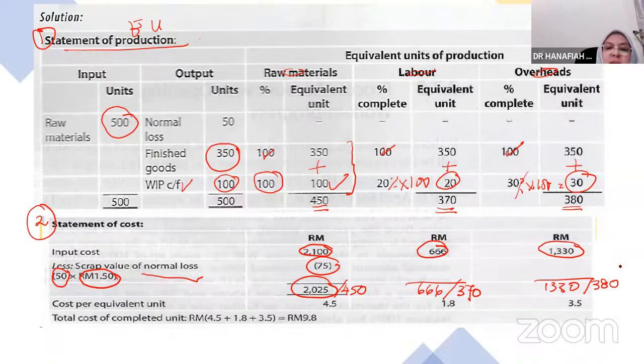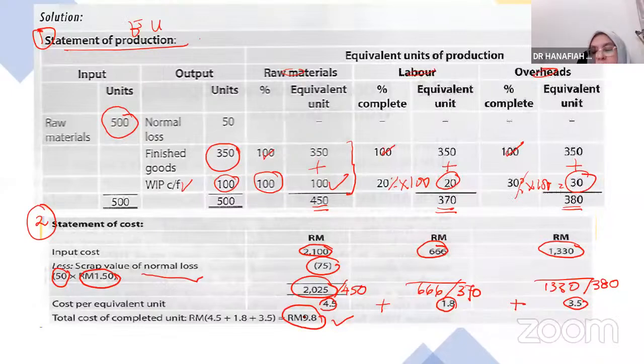So you have 450, 180, and 350. You add all together, 450 plus 180 plus 350, it is equivalent to 980. And this is the total cost per unit for completed units.